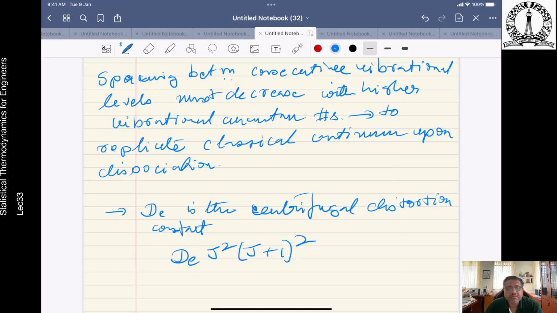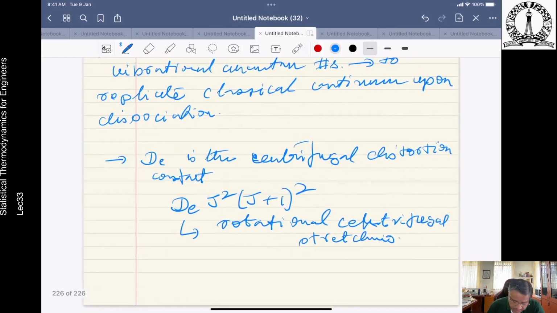So D basically represents rotational centrifugal stretching.